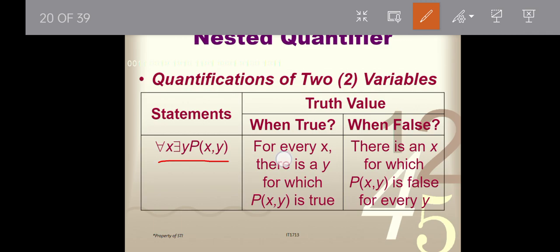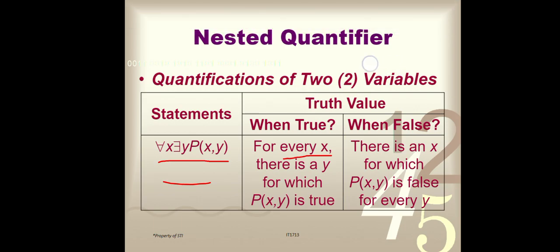So, for every x, there is a y for which p of x, y is true. So, later on, let's have an example. Magiging false naman itong statement natin kapag there is an x for which p of x, y is false for every y.